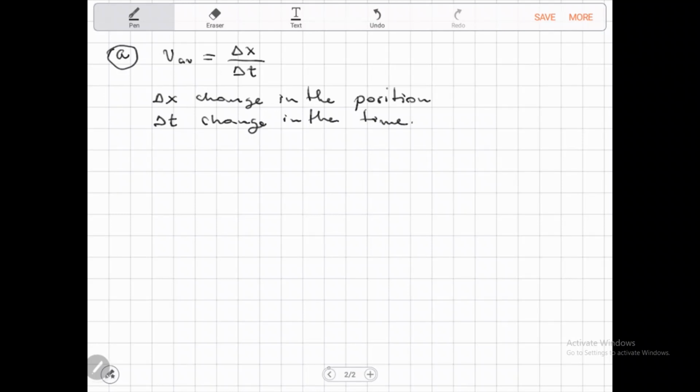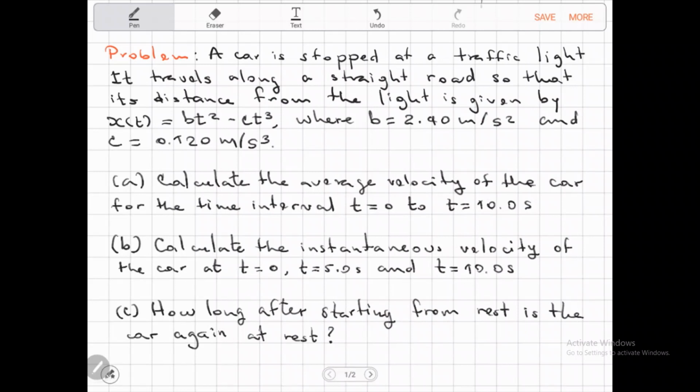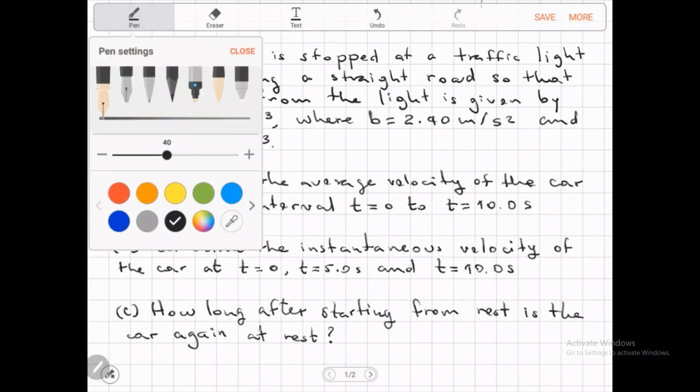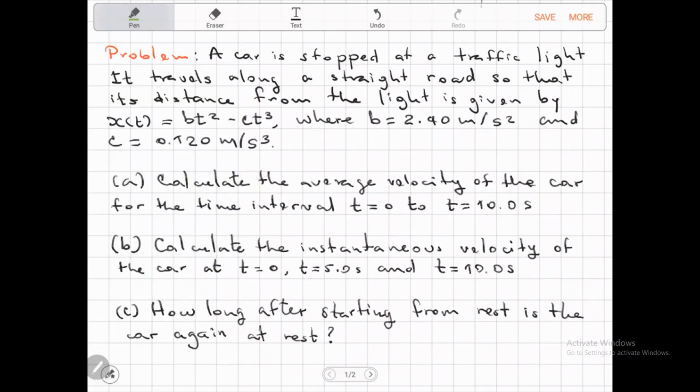If we come back to the first page, we see that the formula given by the problem is this, right? I highlight this formula, and the constants b and c are the ones that I am highlighting again.